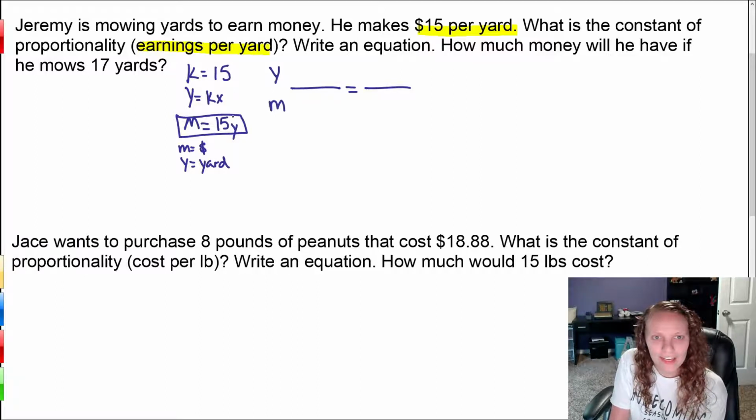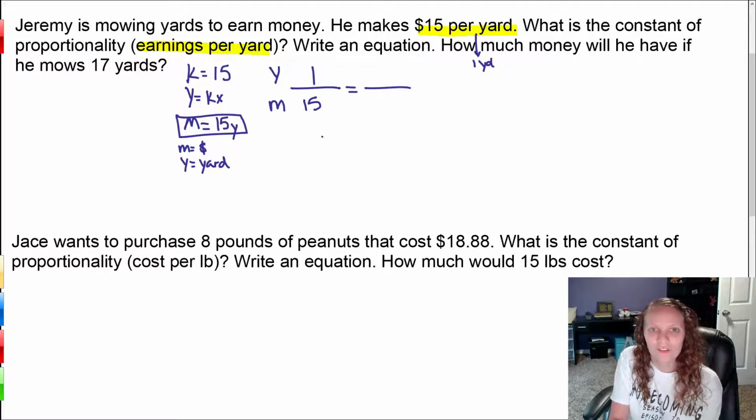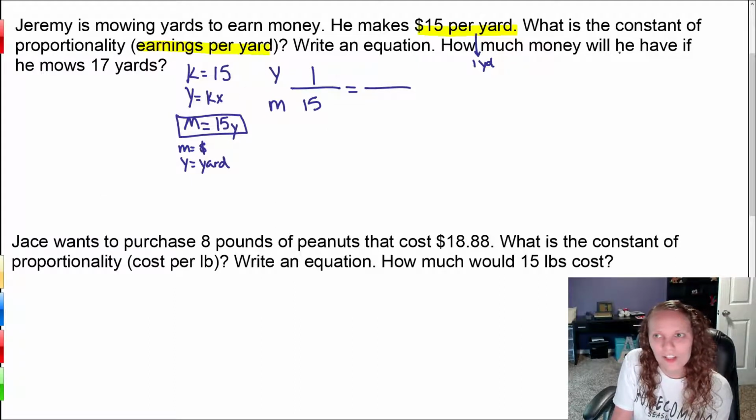And we know that he is making $15 per yard, and per yard stands for 1 yard. So this is our unit rate. 1 yard is $15. And then we want to know how much money he will have if he mows 17 yards. So I'm going to put 17 across from yards.